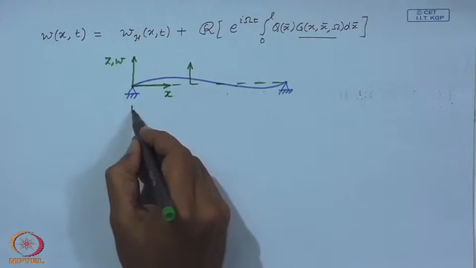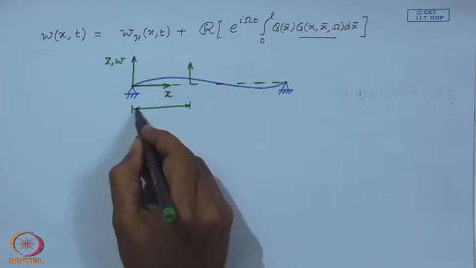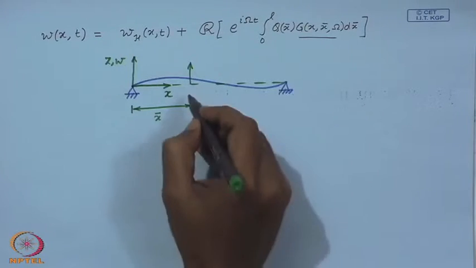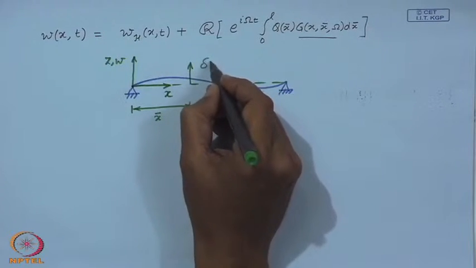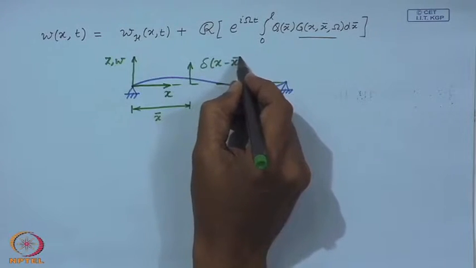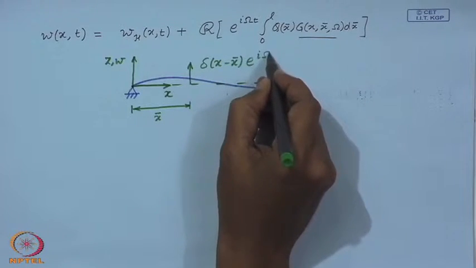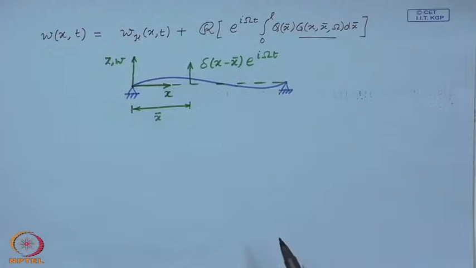So, we have a concentrated harmonic forcing at x equal to x bar.